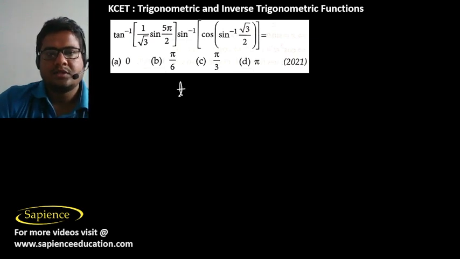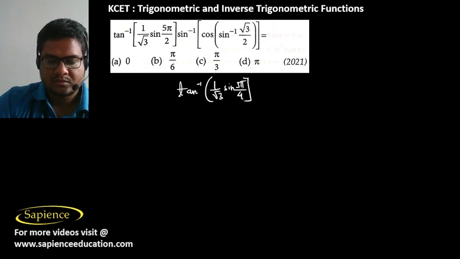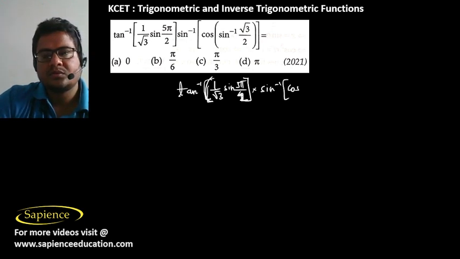Then we have to find tan inverse of 1 by root 3 sine 5 pi by 2 into sine inverse of cos of sine inverse root 3 by 2.